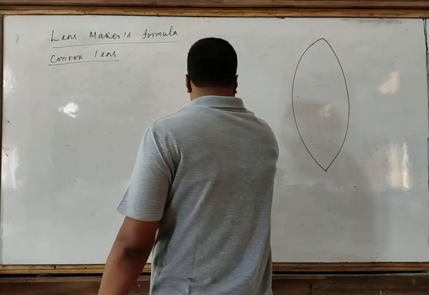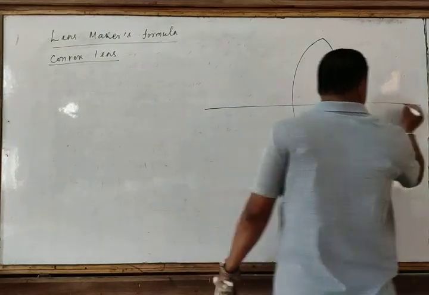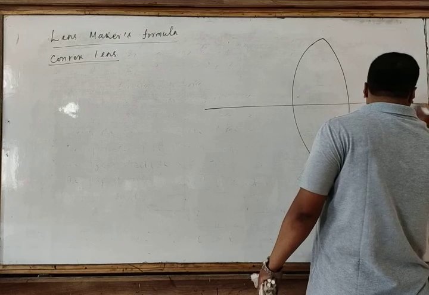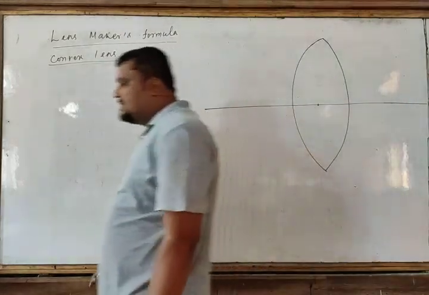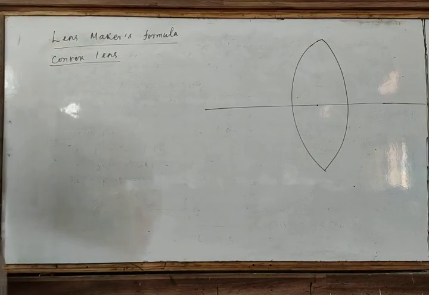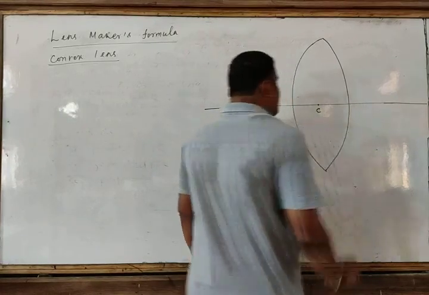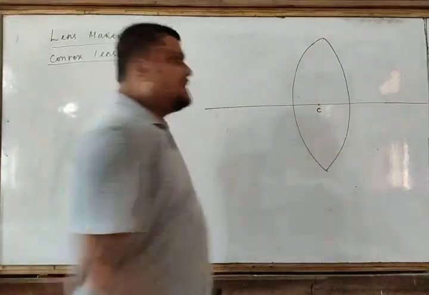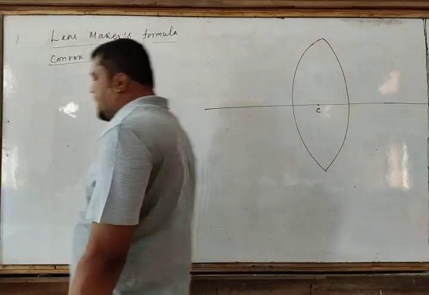And this is the principal axis, which passes through the optical center. Let the optical center be C. And this curved surface is called the aperture.